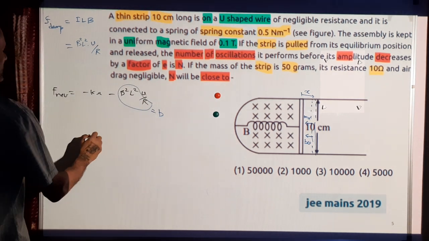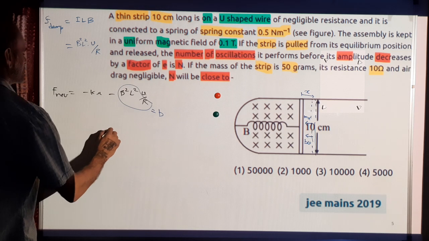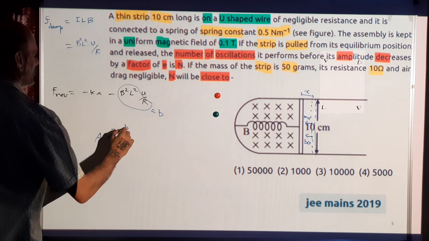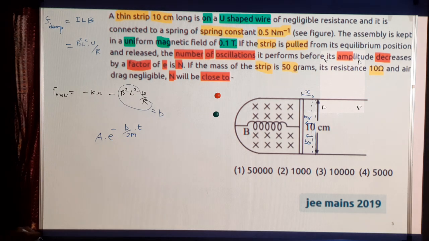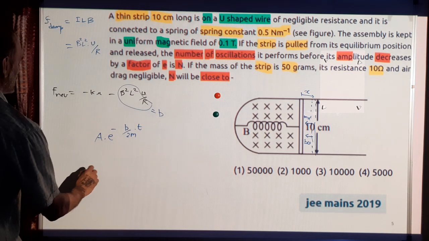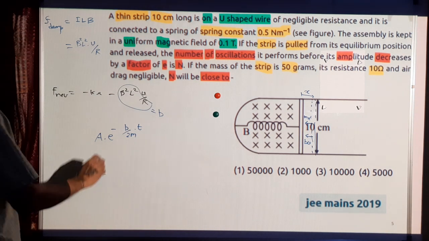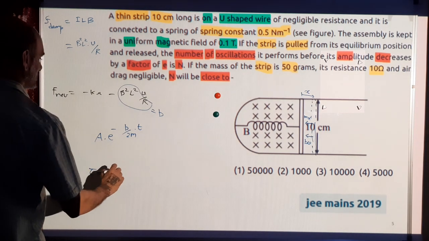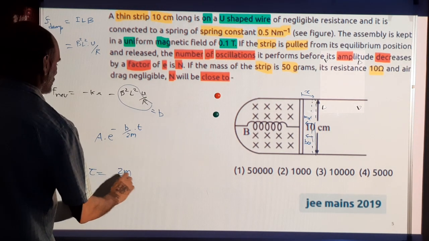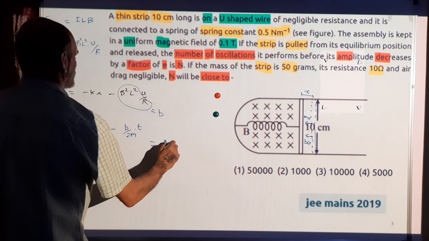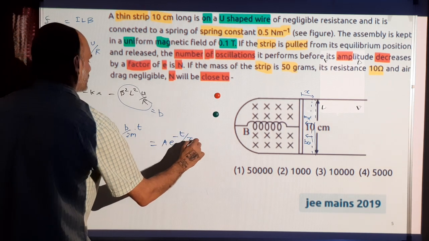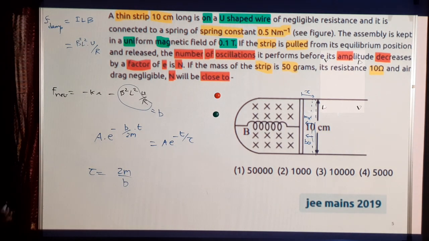And this amplitude will decay as A into e raised to the power minus b by 2m into t. So the time constant for the amplitude to fall by a factor of 1 by e is 2m by b. This can be written as tau, where tau is the time constant.